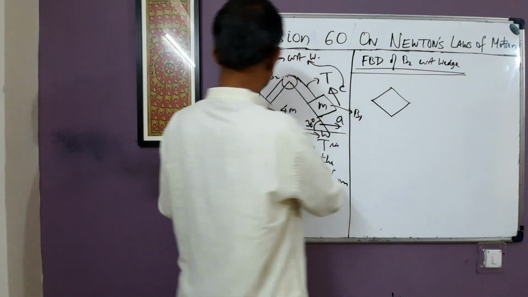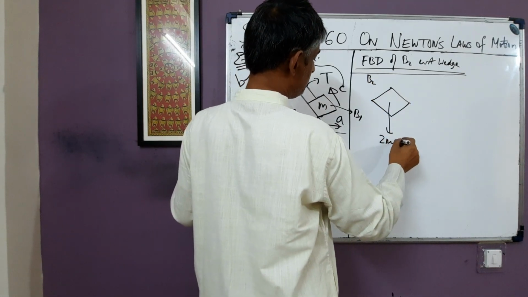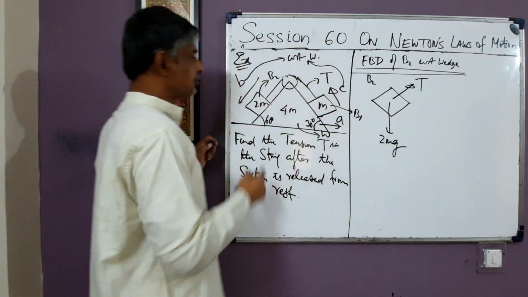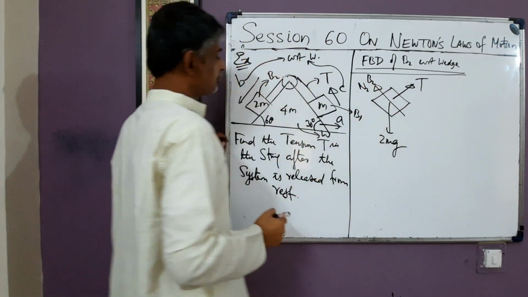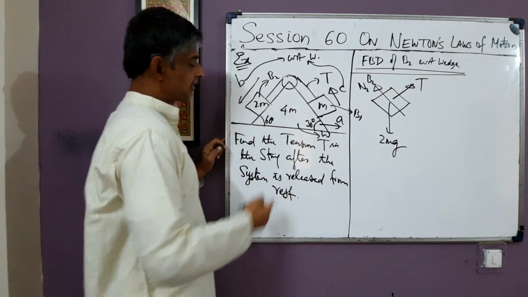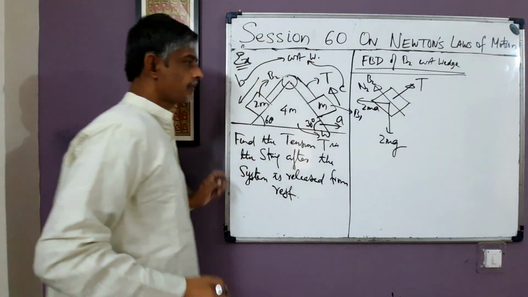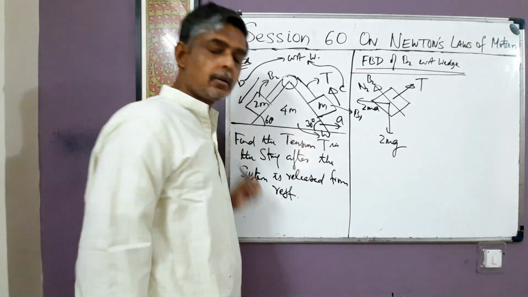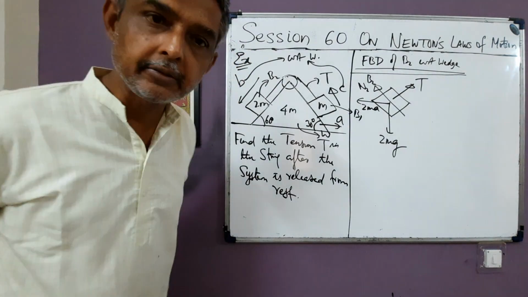This is block B2. This is its weight 2mg. There is a tension T which acts on this block due to the string. There is a normal force N2 on block B2 due to the wedge. The wedge accelerates A rightward, so as seen from the wedge, a pseudo force 2mA will act leftward, because the wedge is a translating non-inertial reference frame.